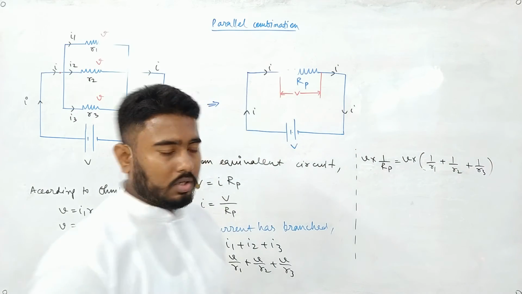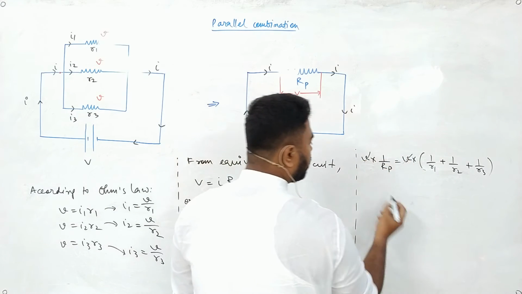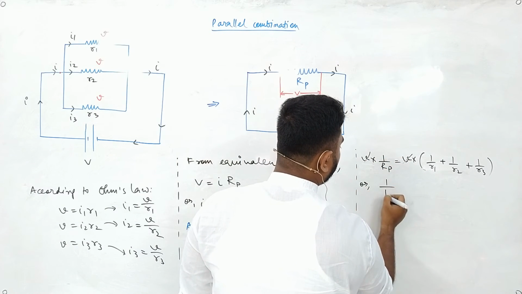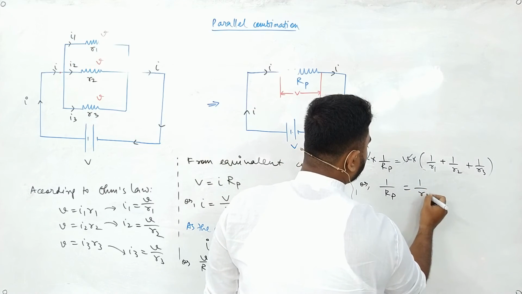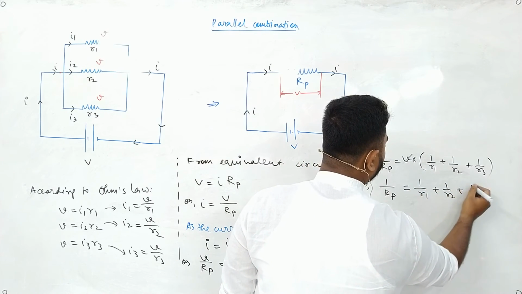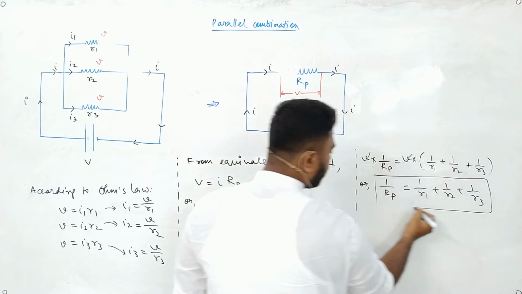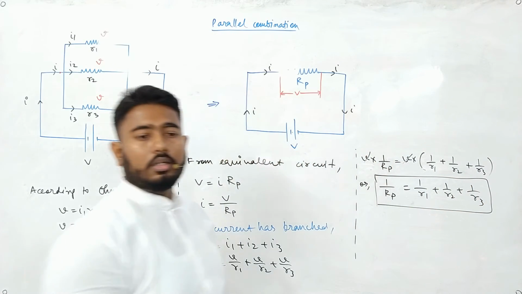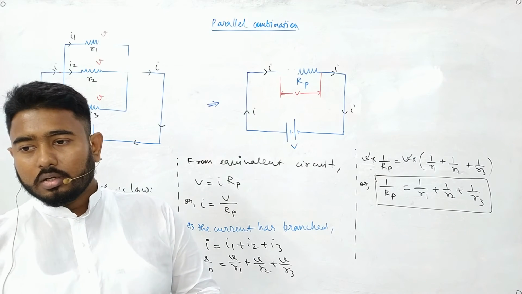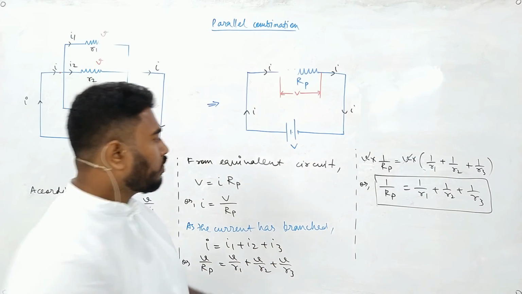Can I write this? If I cut out the V's, can I write 1 by RP equals 1 by R1 plus 1 by R2 plus 1 by R3? This is the formula for equivalent resistance in parallel. Is that right? Everyone got that?